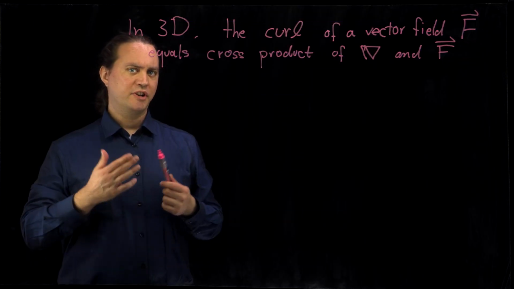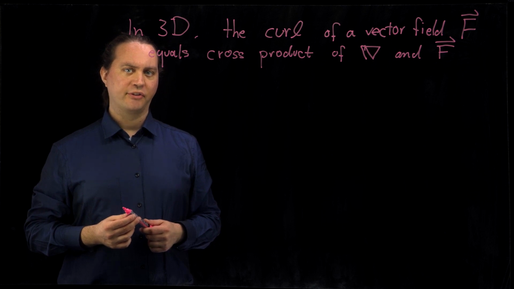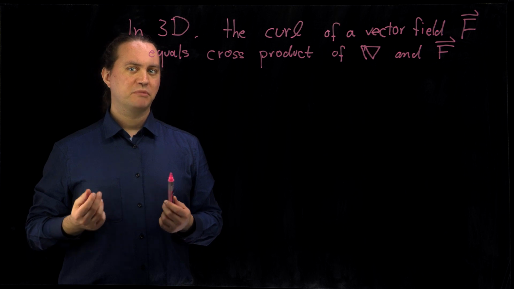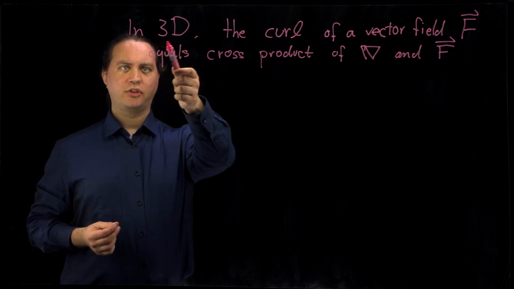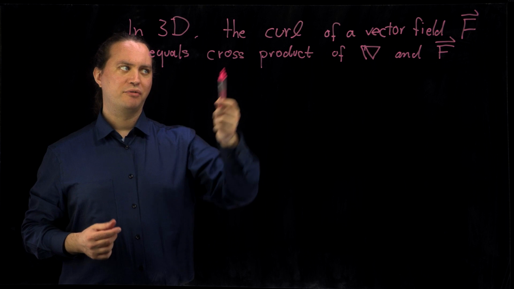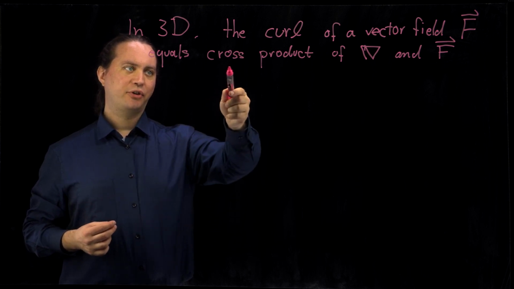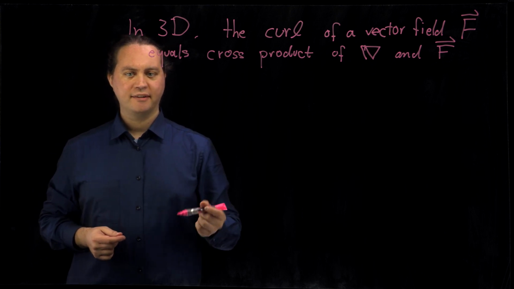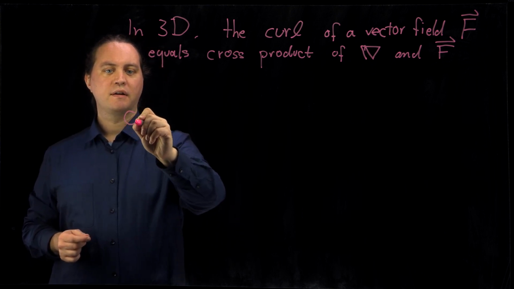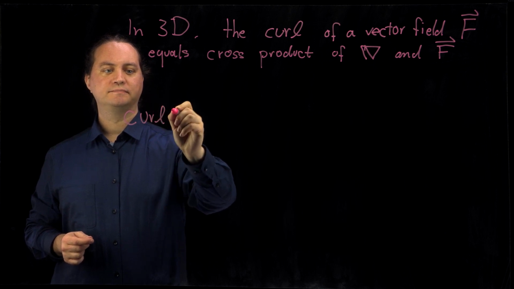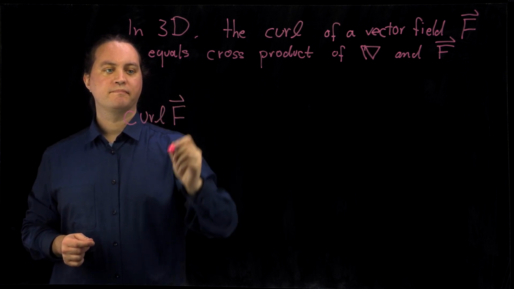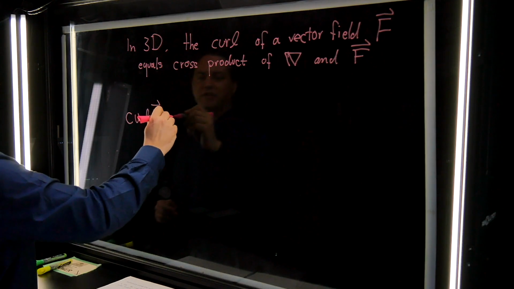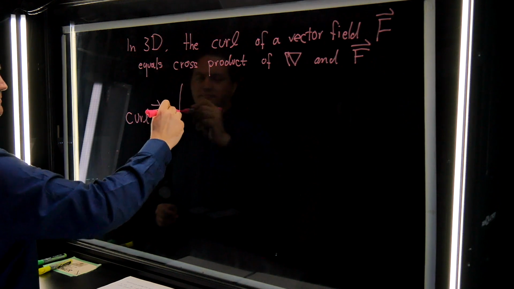And finally, we talk about the curl operator in 3 dimensions. It also can be related to the nabla vector, namely in the following manner. In 3 dimensions, the curl of a vector field f equals the cross product of nabla and f. So let's write this down formally. The curl of this vector field, I write it down first as a vector in terms of partial derivatives and the components of f.